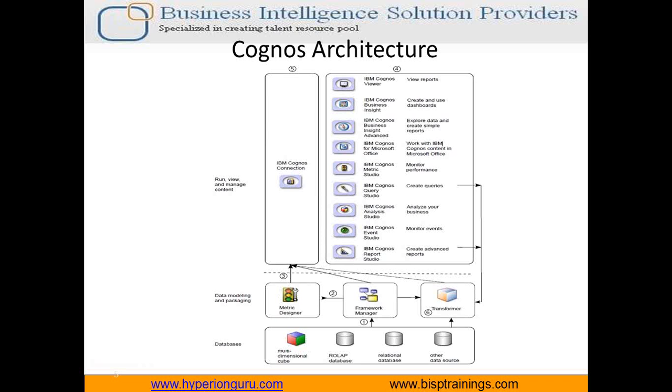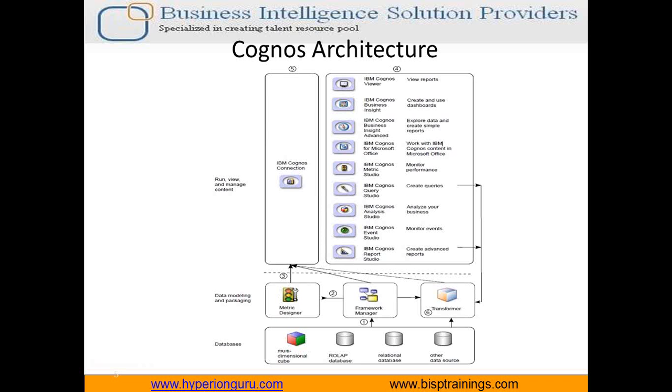The IBM Cognos Connection connects to the middle layer, which is the Framework Manager layer. The Framework Manager is the working heart, you can say, of Cognos. Framework Manager is a platform wherein you define your model. A model is where you have the definition of different tables.